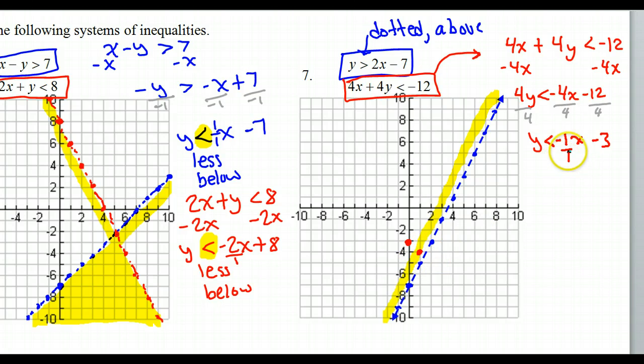Alright, make sure that when you do this, because it's negative, I'm going to go down 1, right 1. And this should be dotted, and it should be below, alright, because it is less than.